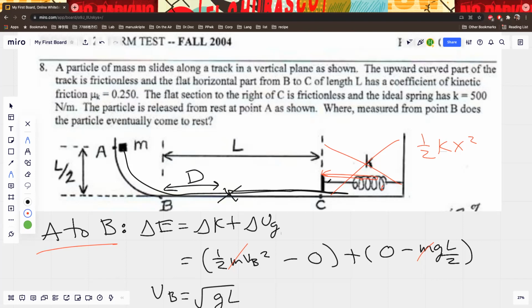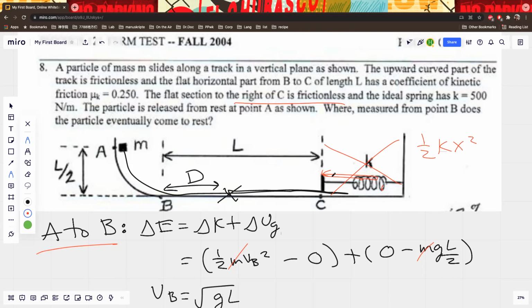All right, I see. Because this is an ideal spring and to the right of C it's frictionless, we don't lose any energy here. We lose kinetic energy, it gets converted into spring energy, but then the spring energy gets converted back to kinetic.